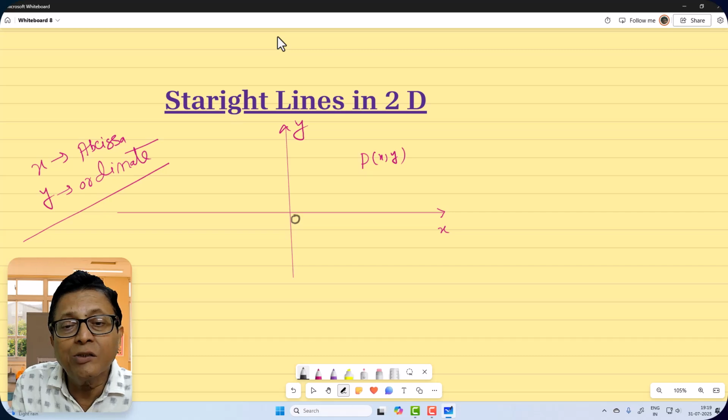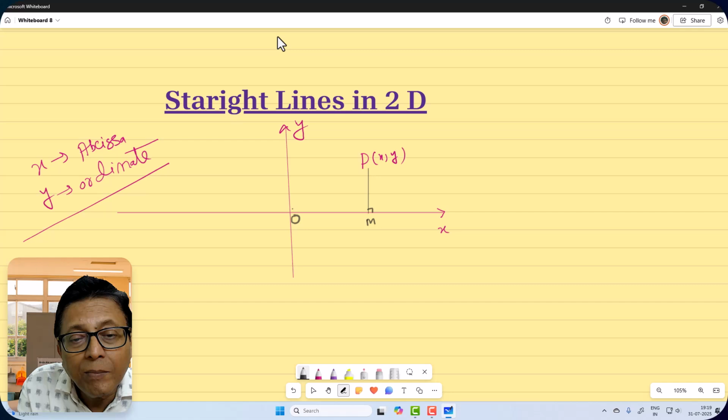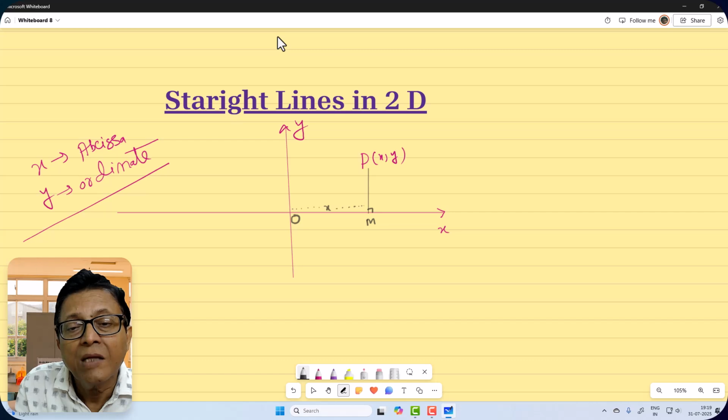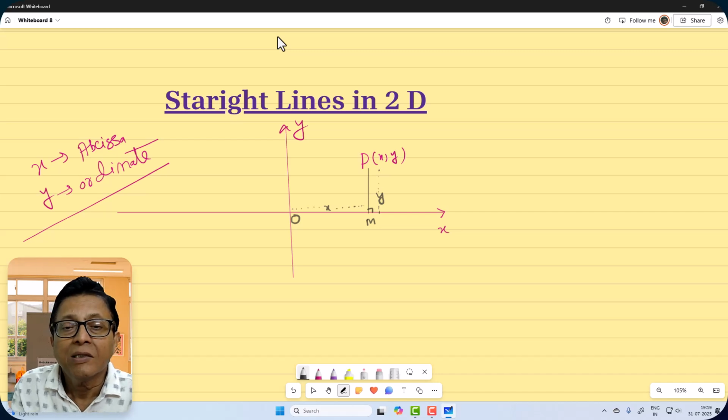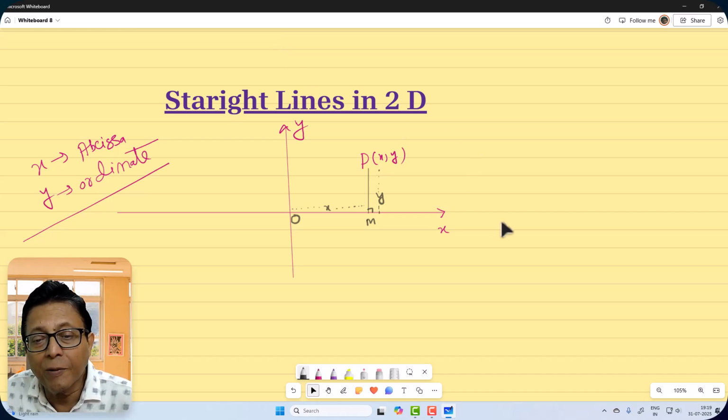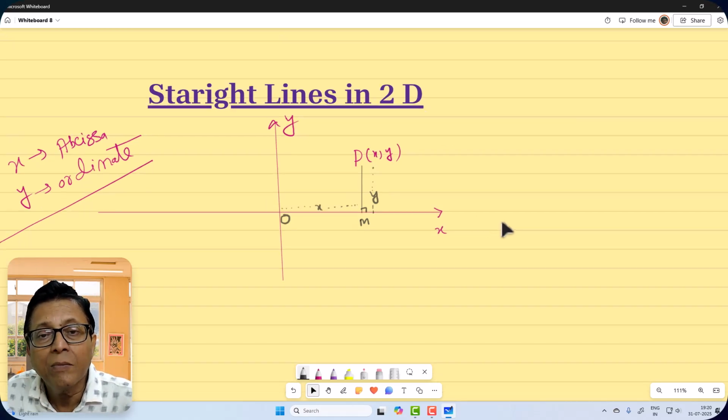So, origin is O. If there is a point P(x, y), then O to M, the distance will be x, and P to M, this will be y. This is the coordinate of a point in the two-dimensional coordinate system.